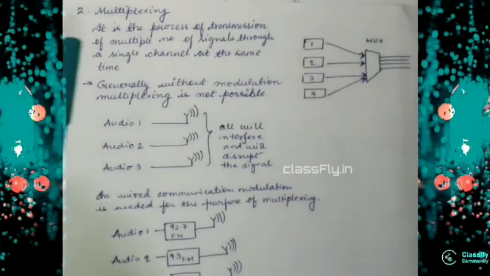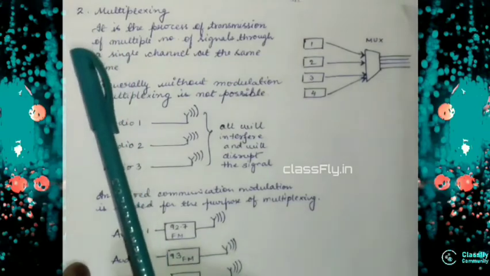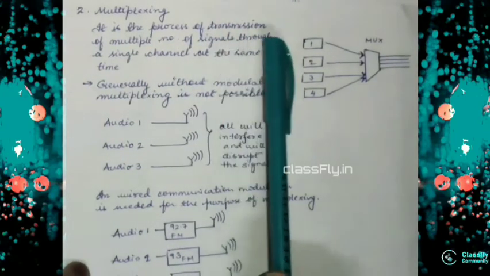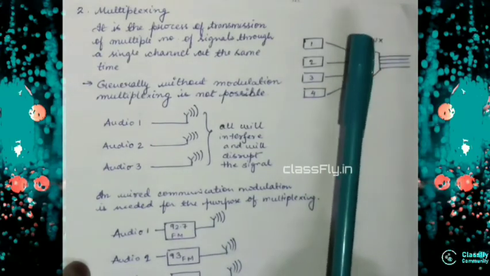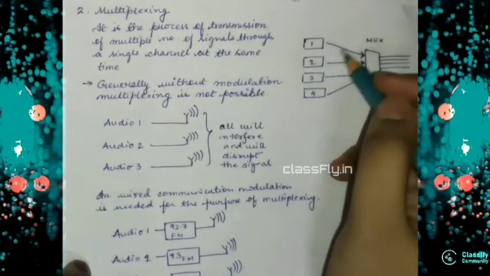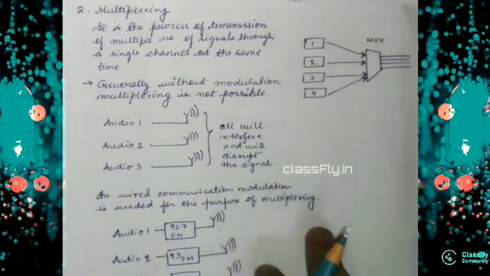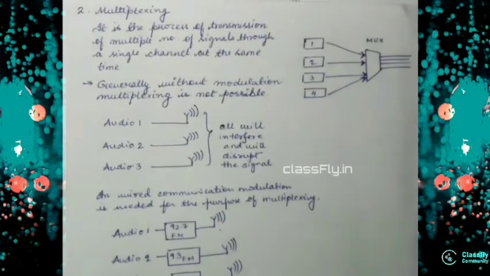The second is multiplexing. What basically is multiplexing? It is the process of transmission of multiple signals through a single channel at the same time. See, think that in a colony, everyone is calling someone.